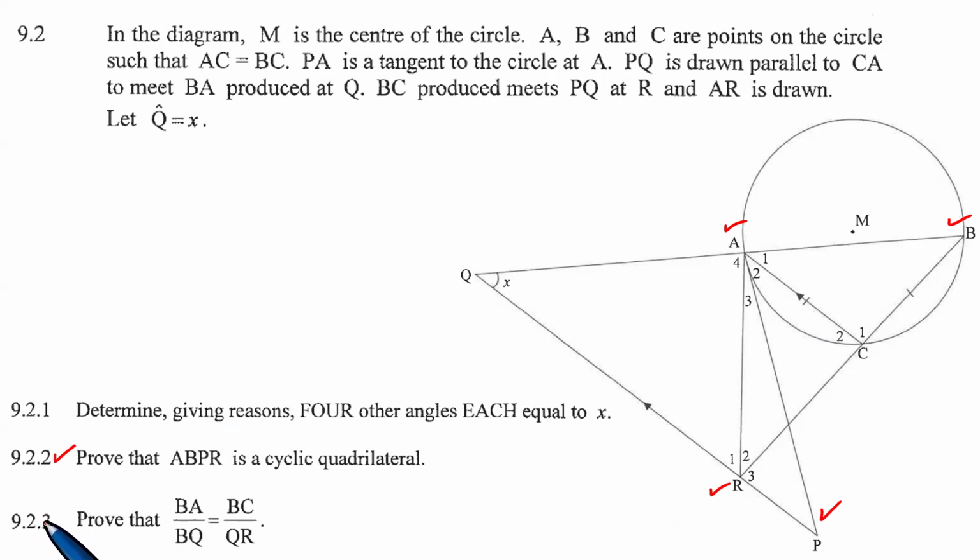And to prove this, we first note that we already know this is X, for example. We found that a couple of the angles like B was X, and also that A2 was X. We found that angle P was X, like this.